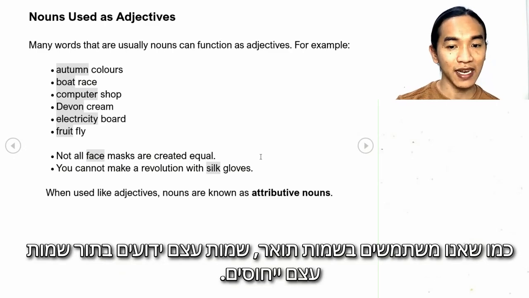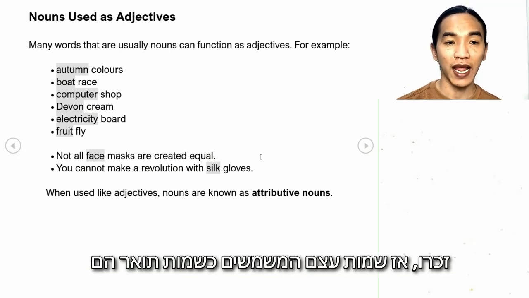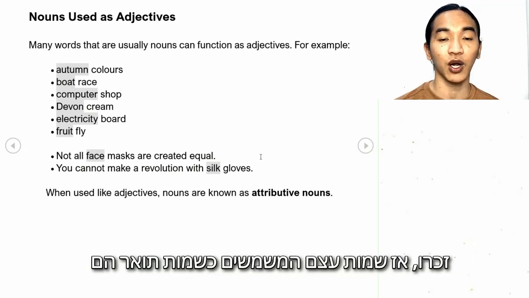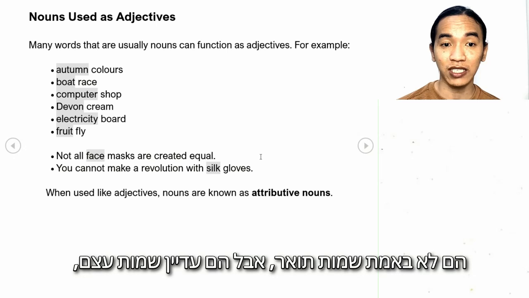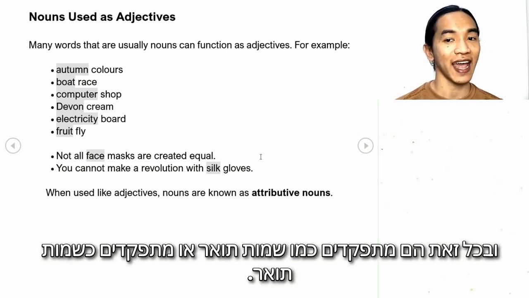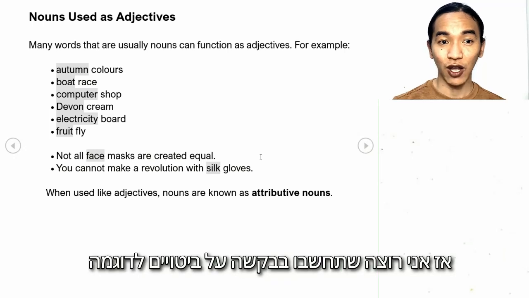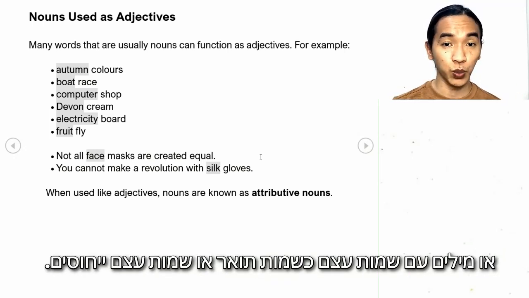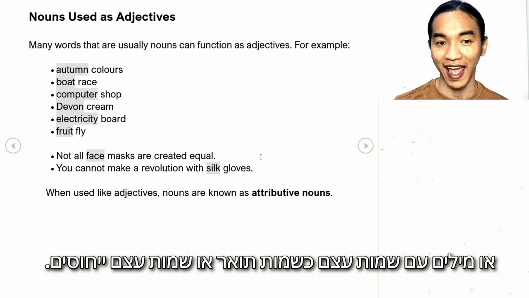Nouns are known as attributive nouns. Okay? Remember, so nouns used as adjectives are what we call your attributive nouns. They are not really adjectives, but they are still nouns, yet they function like adjectives or function as adjectives. Okay? So I want you to please think of example phrases or words with nouns as adjectives or attributive nouns.